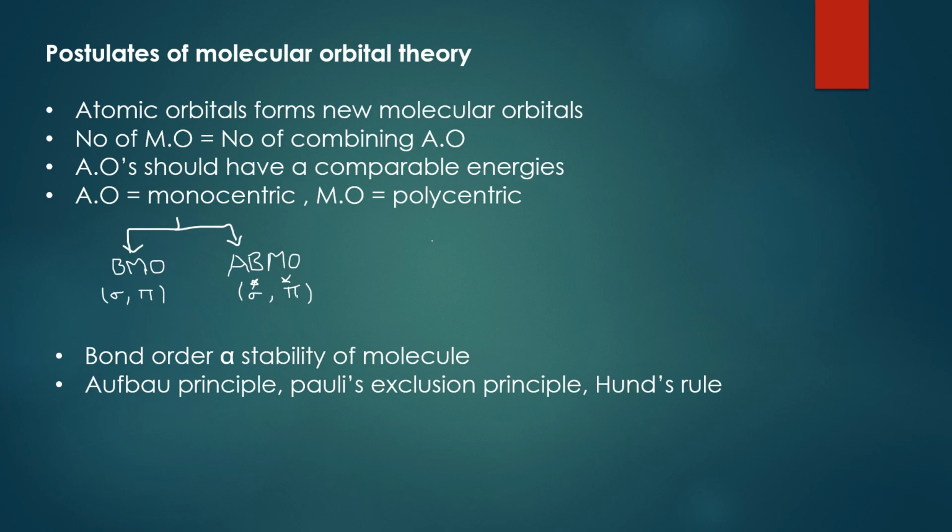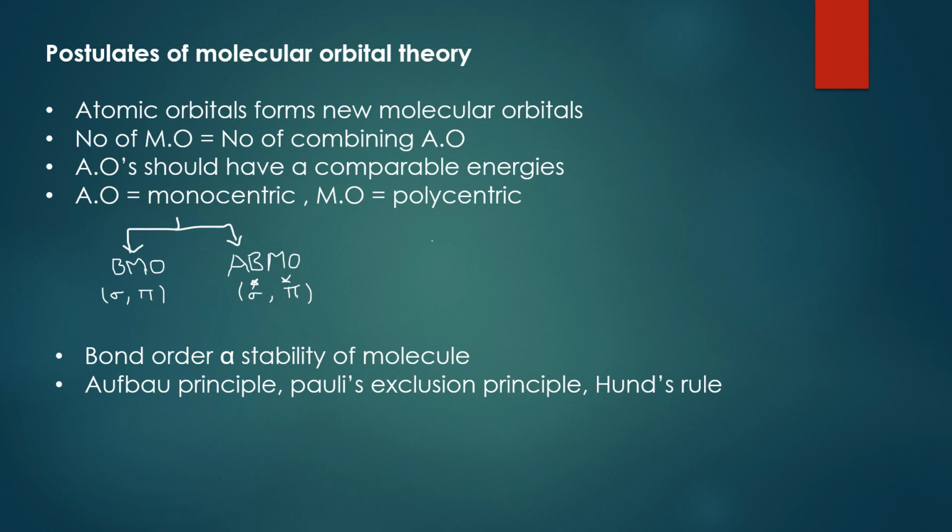When you take two different types of orbitals, like a 1s atomic orbital and a 2s atomic orbital, there is no formation of molecular orbitals due to the large energy gap between the 1s and 2s atomic orbitals. So the atomic orbitals must possess comparable energy.